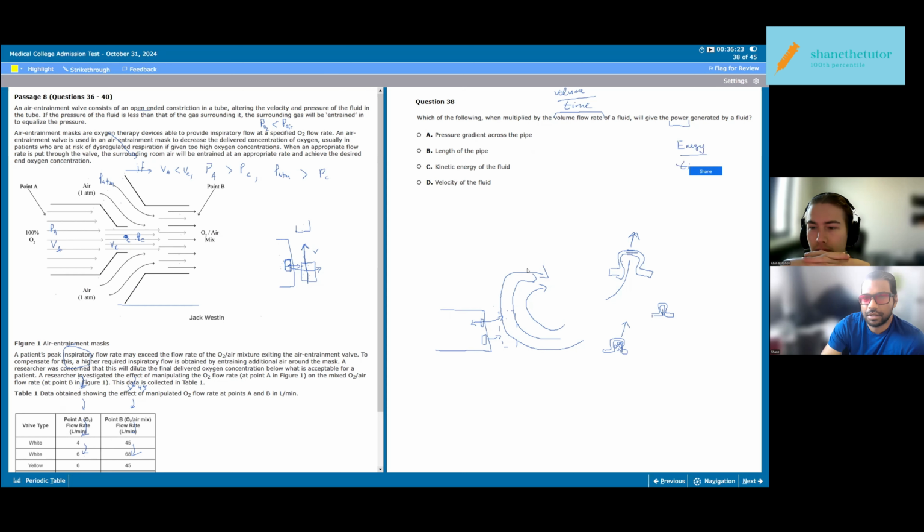Energy over time. So the time part is the same, but now let's think about what makes energy different from volume. Volume, we can say is like, let's say a cubic meter. What about energy?